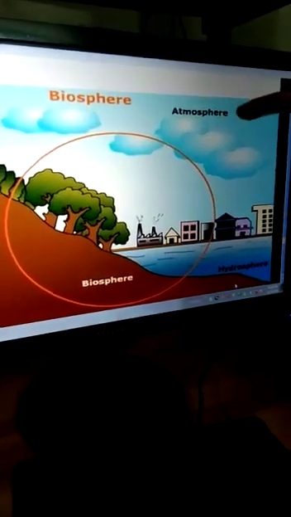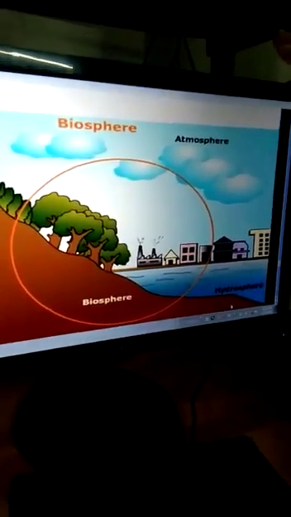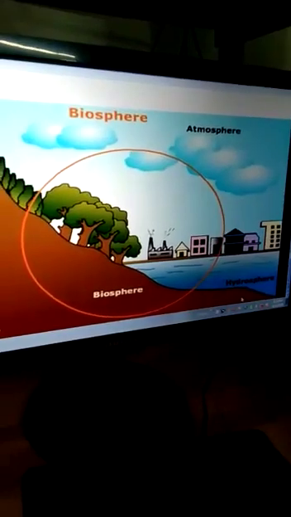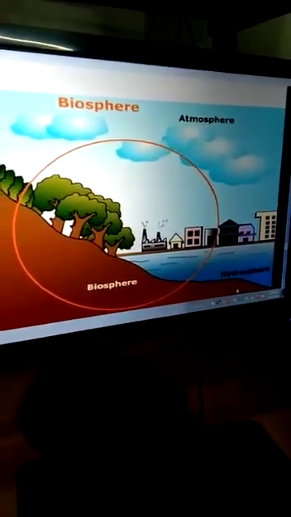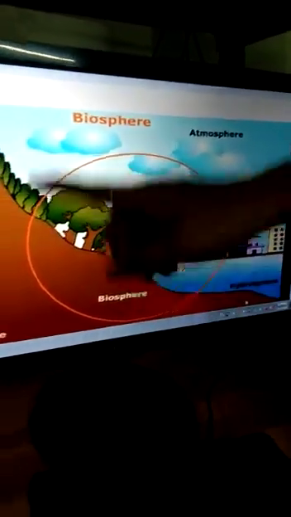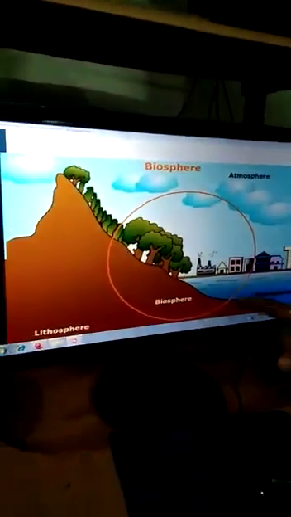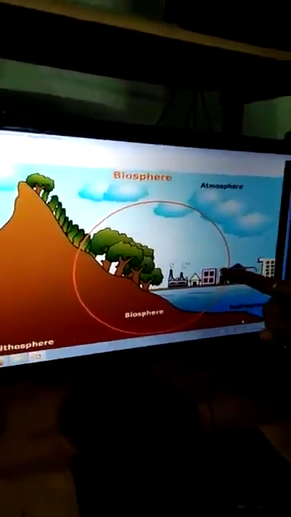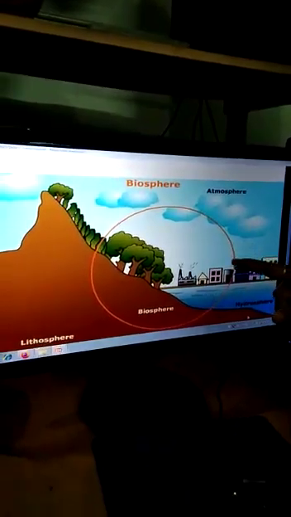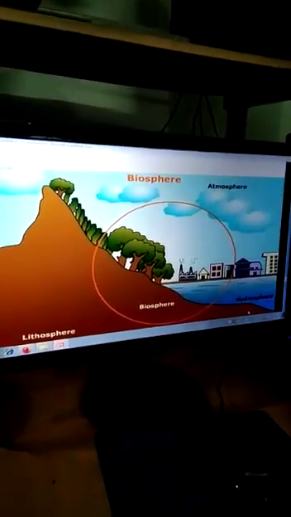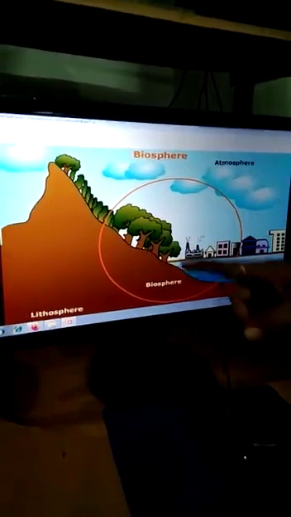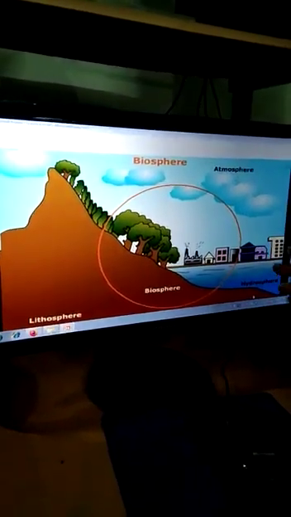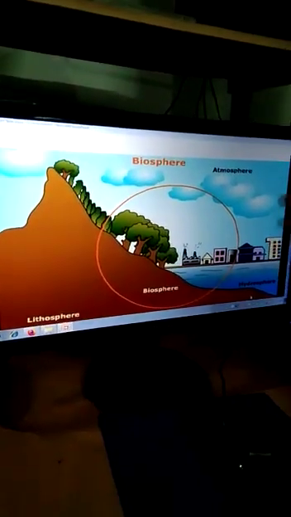And if you see only the atmosphere, is it possible to sustain all living organisms, plants and animals? No. But see the narrow interacting zone of all these three spheres, where air is also there, land is there, and water is also there. Here is the biosphere, and we live here. So together this is our environment.